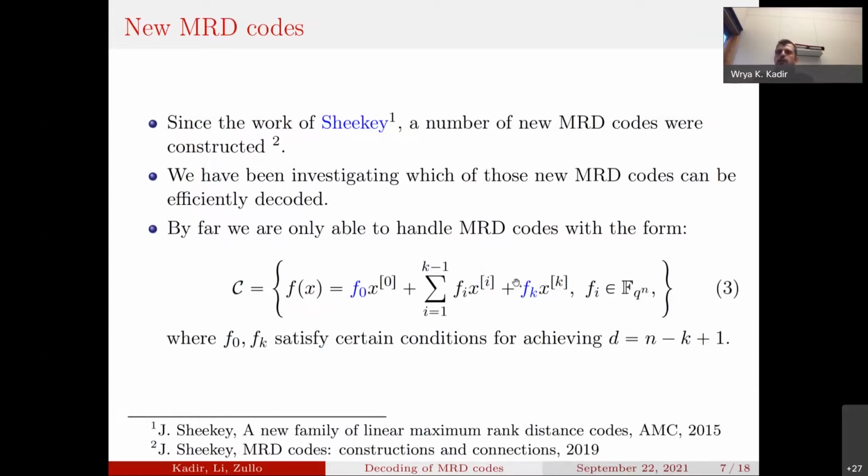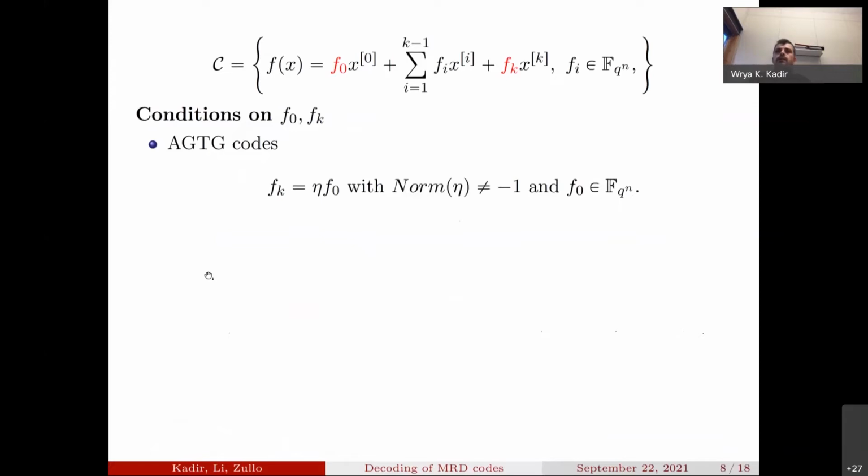So the evaluation of this kind of set of linearized polynomials in this form. f_0 and f_k should satisfy certain conditions for the code to be MRD. So the conditions are based on f_0 and f_k, I mean these two coefficients of the linearized polynomial. This is the form of the linearized polynomial that I mentioned.